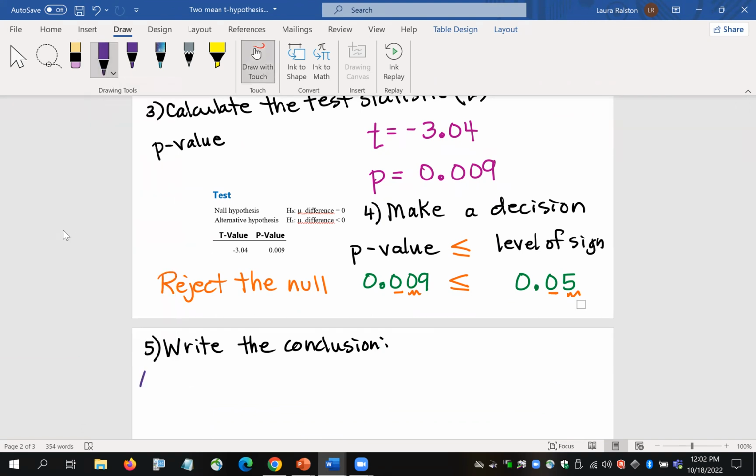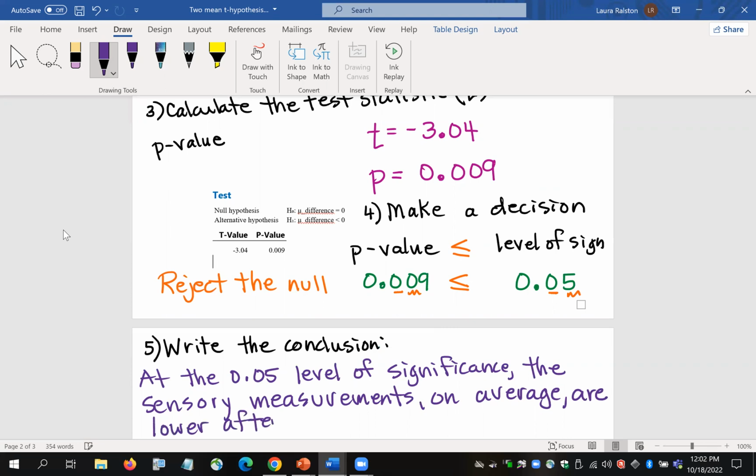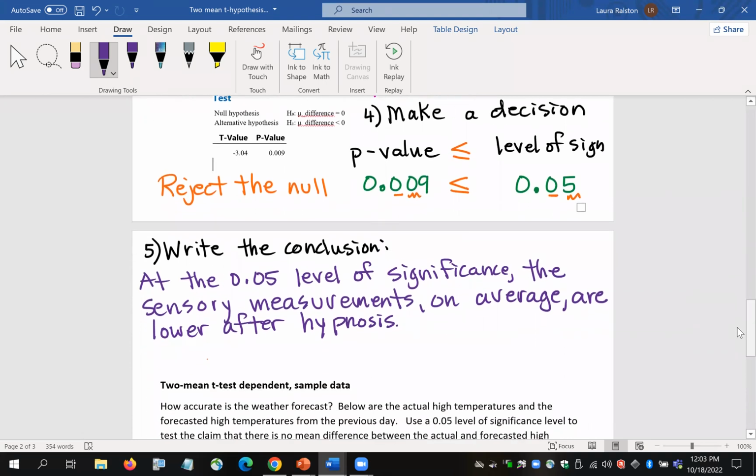So we would say, at the 0.05 level of significance, the sensory measurements on average are lower after hypnosis, which seems to indicate that hypnosis is a plausible way for controlling pain, because that seems to say that hypnosis works if their pain level decreases after hypnosis. Questions?